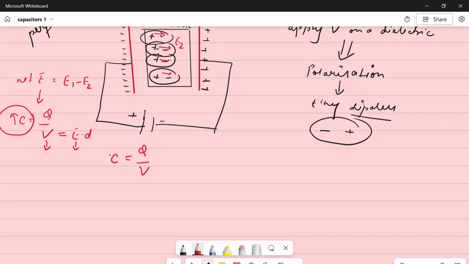I have got more charges. So this charge is increasing, right? So C is directly proportional to Q. Naturally, again, C will increase. Now, this is again serving our entire purpose, which was to increase the capacitance value. So that was it for today. Thank you so much.